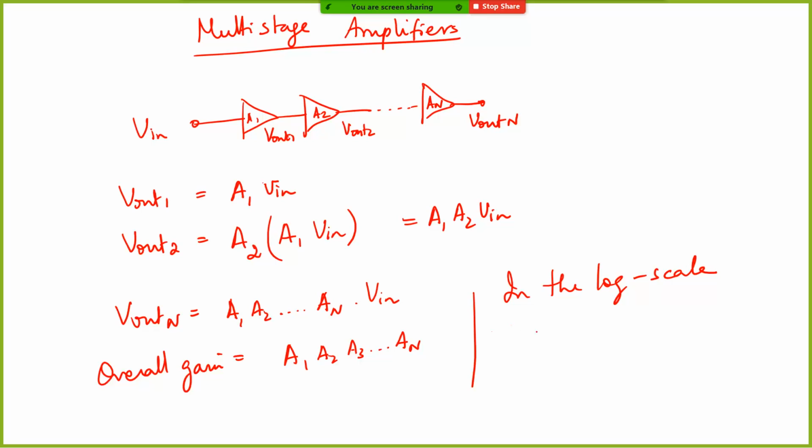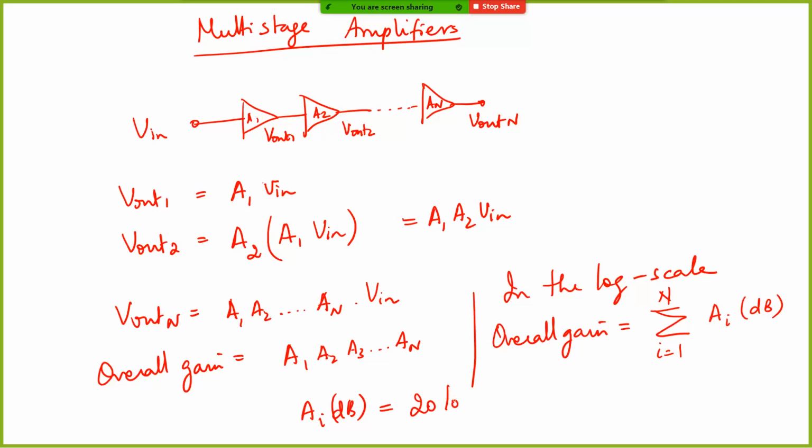The overall gain can be taken as the summation of Ai in dB, for i from 1 to N. Typically Ai in dB is taken as 20 times the logarithm of Ai.